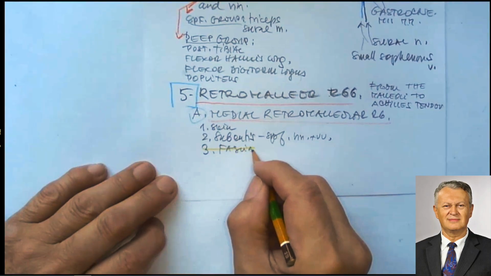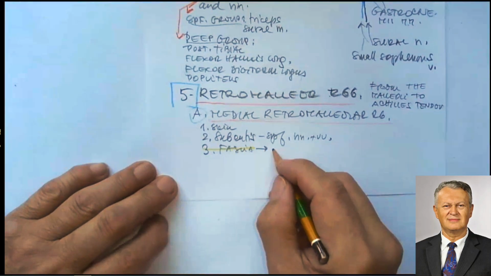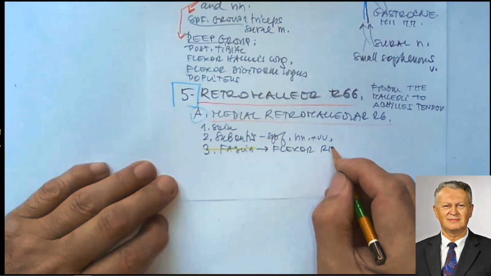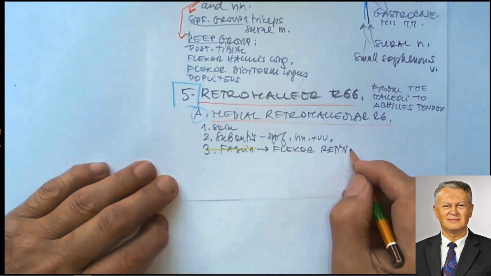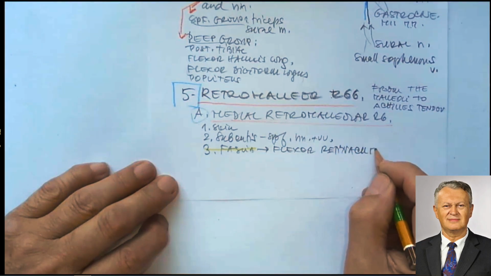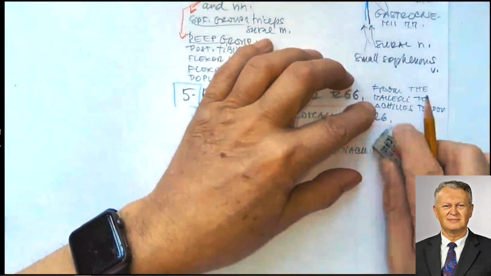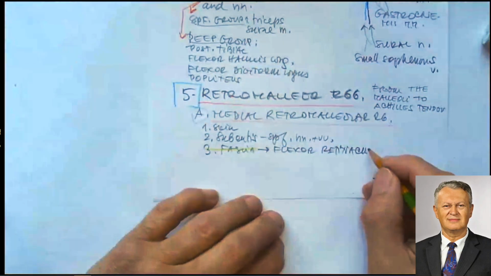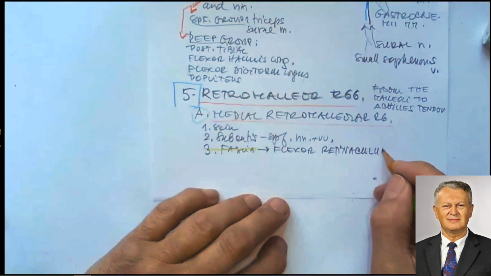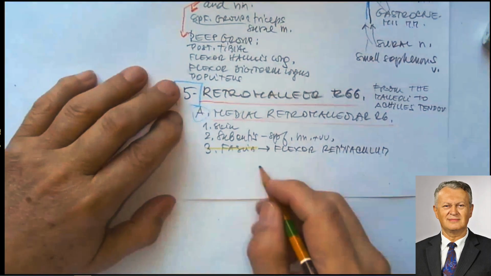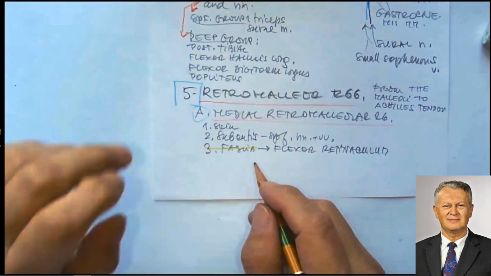Number 3, fascia forming the flexor retinaculum. The flexor retinaculum consists of 2 layers, superficial and deep, but for our description now, retinaculum is not necessary. It covers the structures. We will draw them.